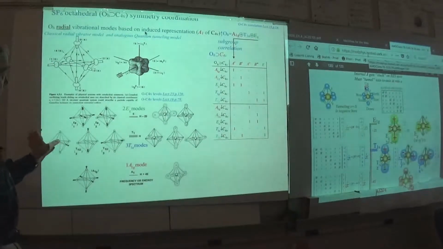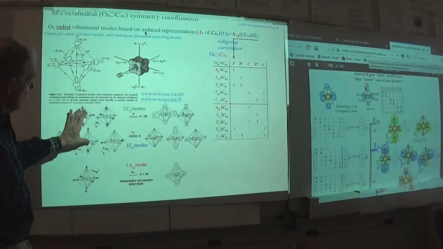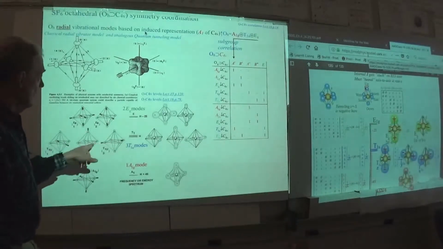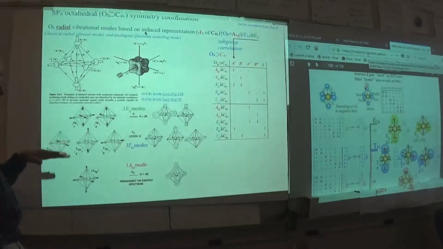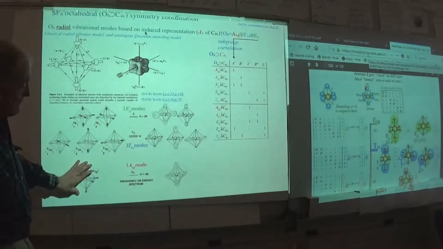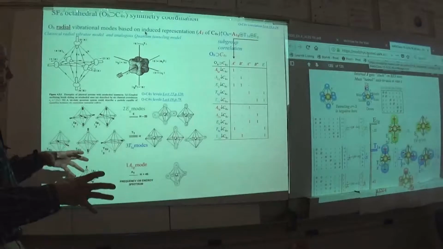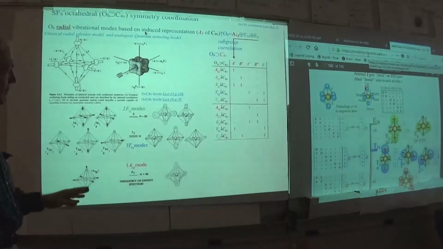So basically the modes are two atoms going along the x-axis, two atoms along the y-axis, and two atoms along the z-axis for modes 1, 2, and 3. Remember, the z-axis is horizontal for this sort of pictures that we've been making. And then, of course, there's the breathing mode, where everything just goes like that. That's a name that spectroscopists refer to.